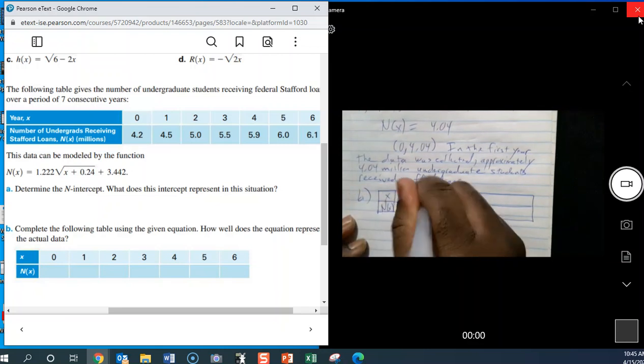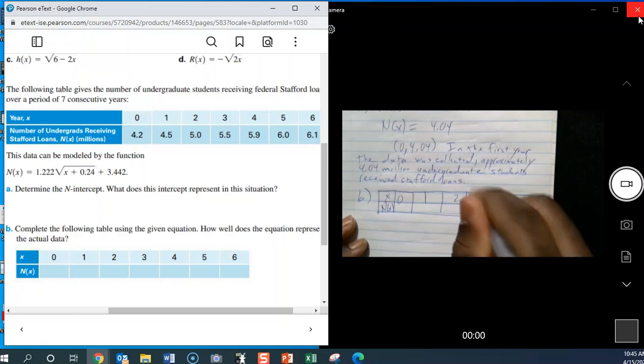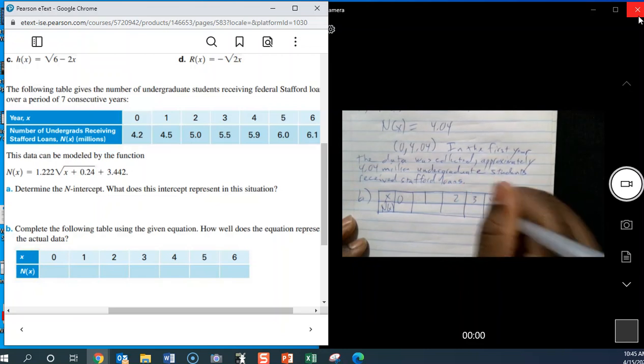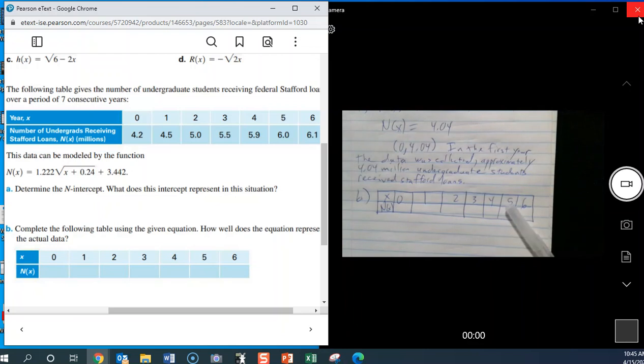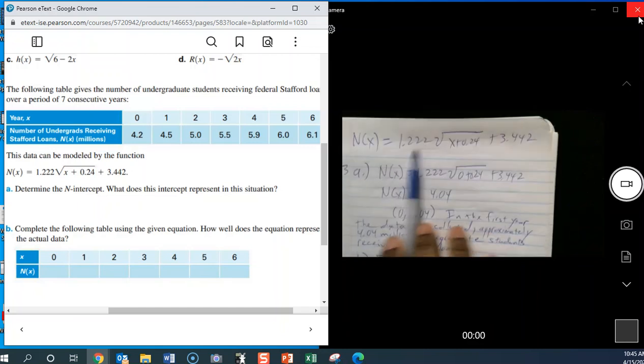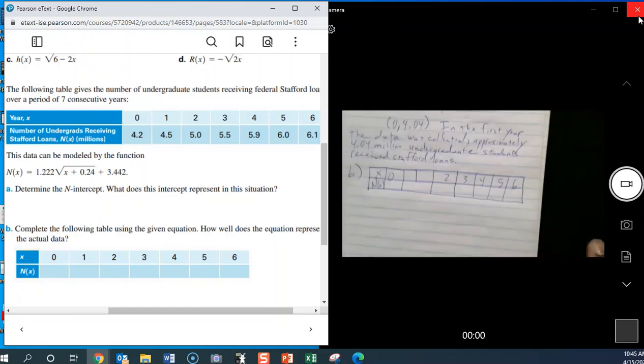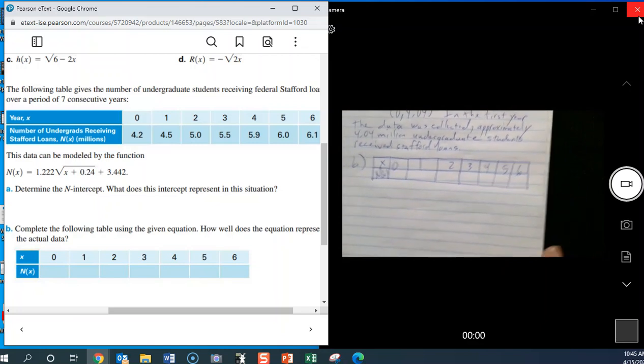So it'd be 0, 1, 2, 3, 4, 5, and then 6. Okay, so now they want us to take these values here and put it into the equation that we started with to see how it compares to the actual data.